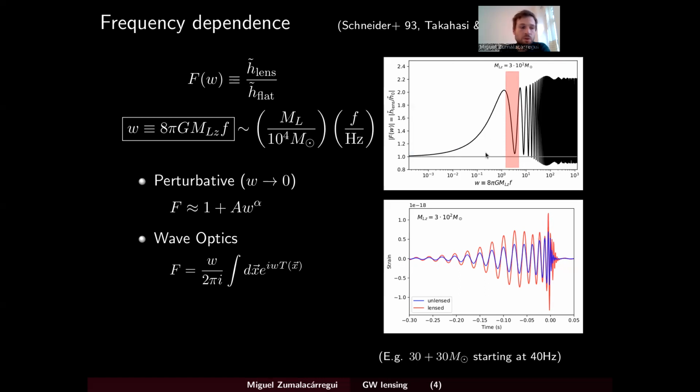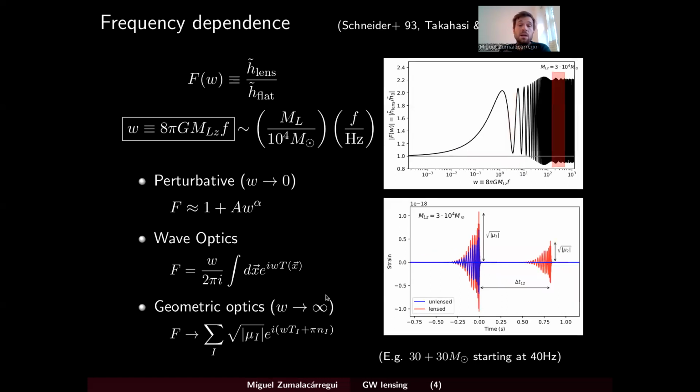But this could be very different depending on the specific case. And finally, if the frequency is quite high, we recover the picture we call geometric optics, the picture of standard gravitational lensing in which we receive multiple copies of the same event. These copies will have different magnifications, and they will also be delayed from each other with a characteristic timescale.